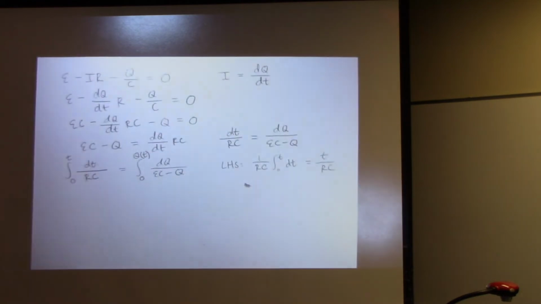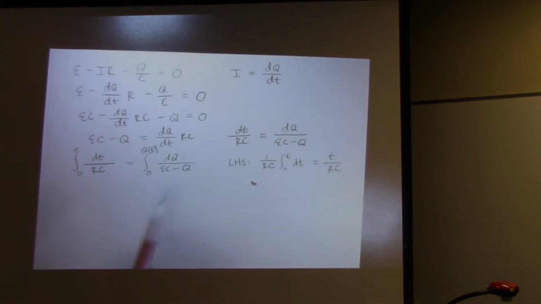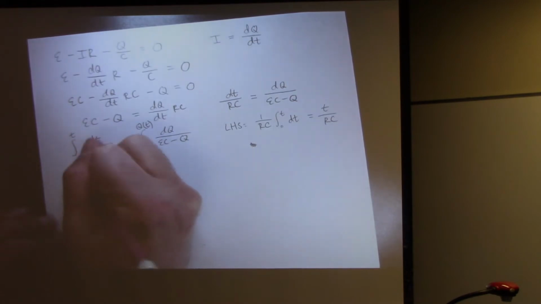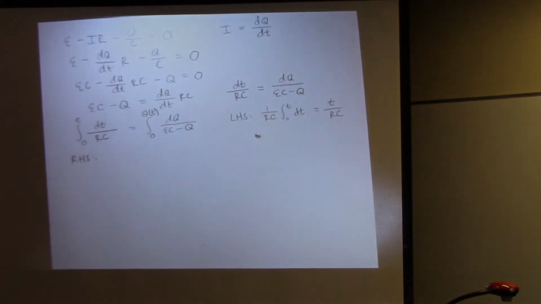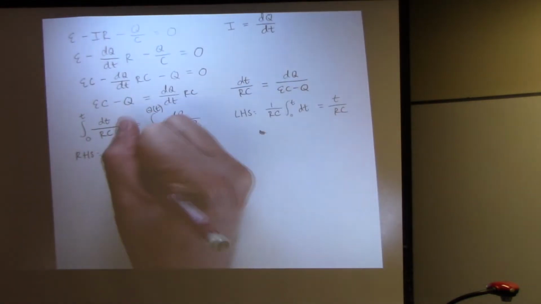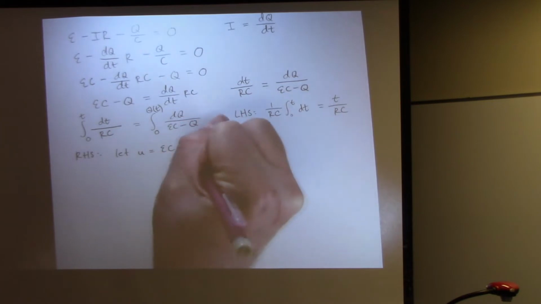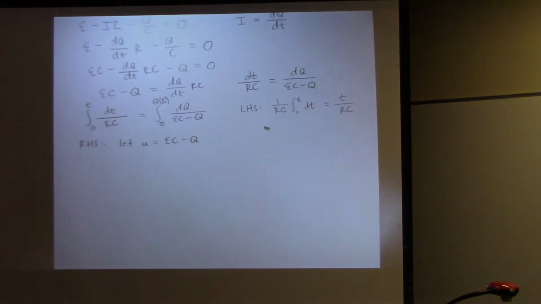That's it. Now the right-hand side, this is going to take a little bit more work. It's not too bad though. Now, there are different approaches to this, but what I like to do for the right-hand side is use a u substitution. Okay? So what we're going to do on the right-hand side is let u equal epsilon c minus q.